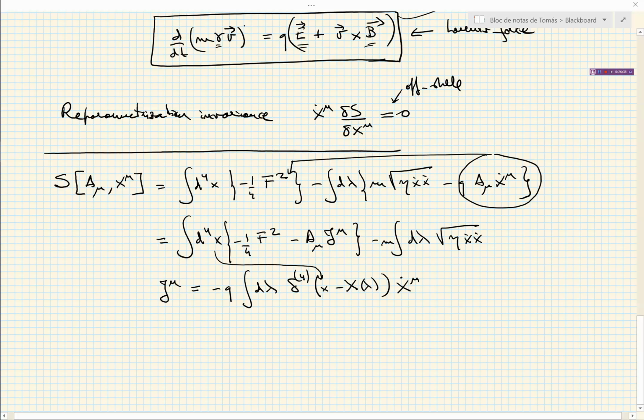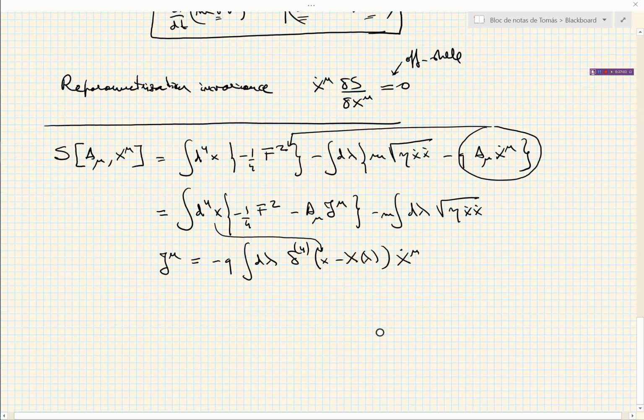So this gives you the charge density. The charge is completely localized at a point, and this is what the delta tells you. And when the particle moves, so the x dot^i are different from 0, the current components J^i are proportional to the charge and to the velocity, and this current is also localized at the place where the particle is. So this would be the current of the particle.